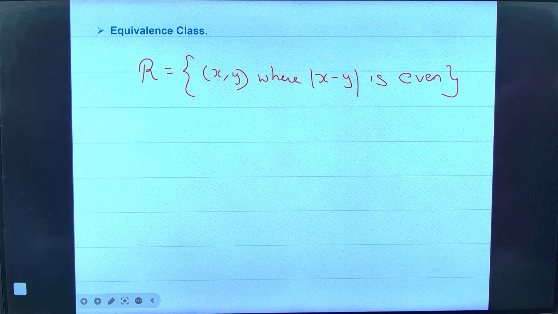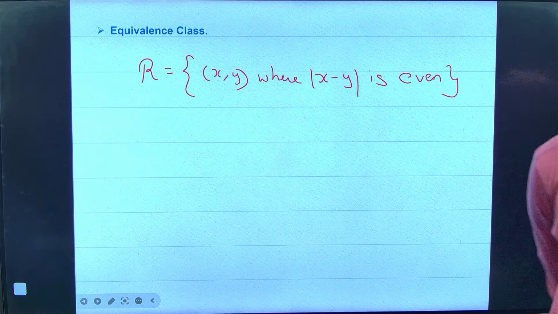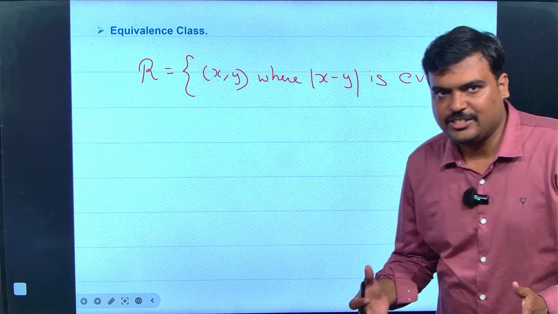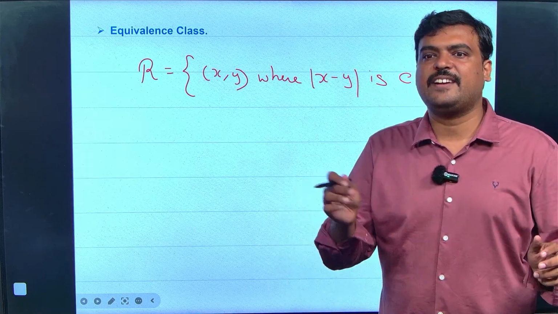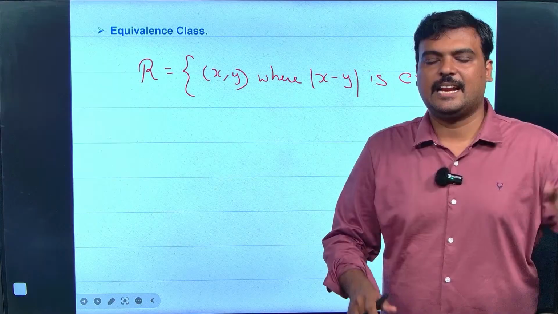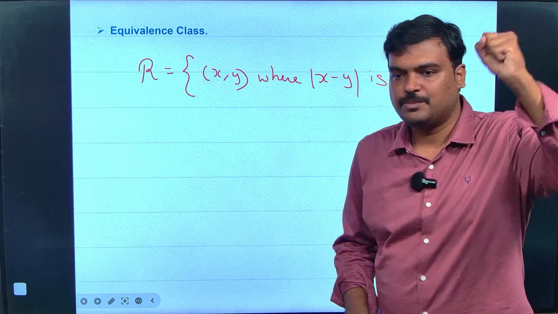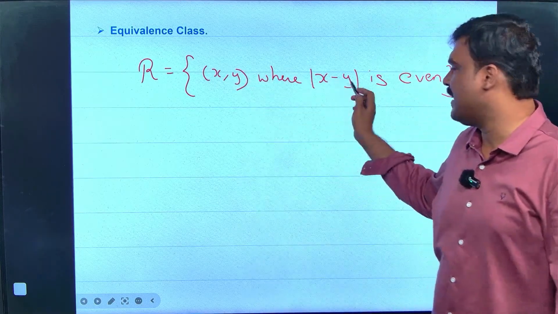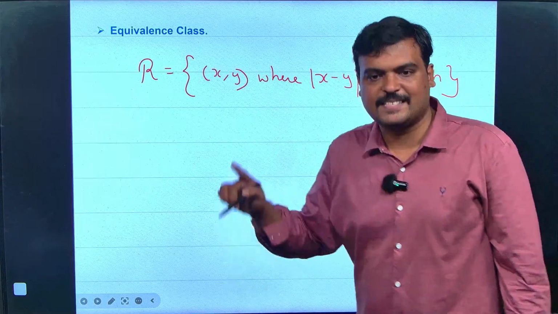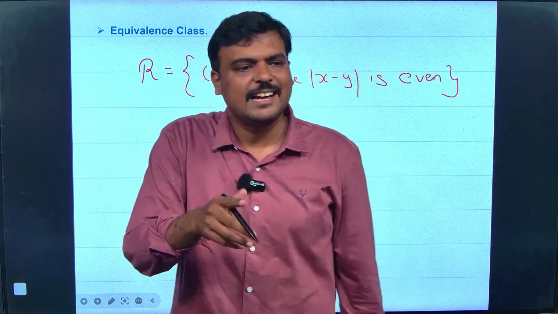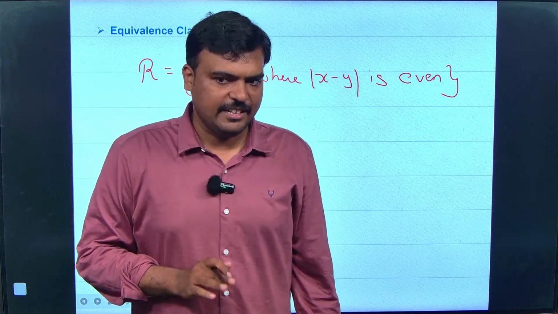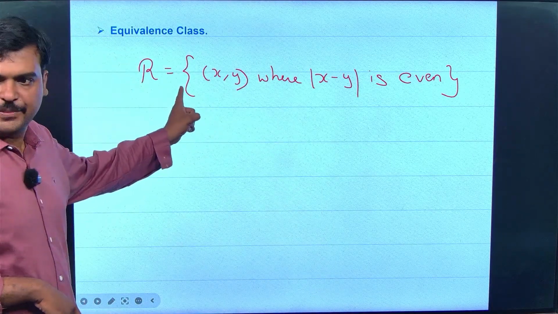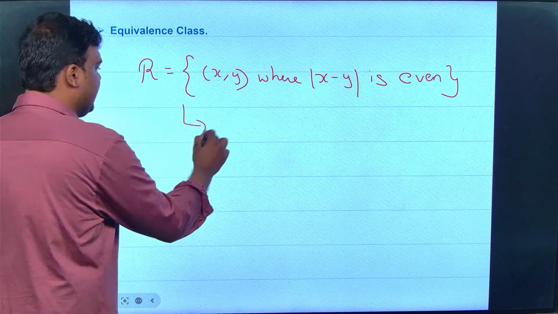Can you say it is reflexive? Yes, if the same number is subtracted from itself, the number I obtain is 0. If I say 5 comma 5, 5 minus 5 is 0. 6 minus 6 is 0. Is 0 even? Definitely 0 is even. Understood? So I can say it is reflexive. Guys, are you getting this?